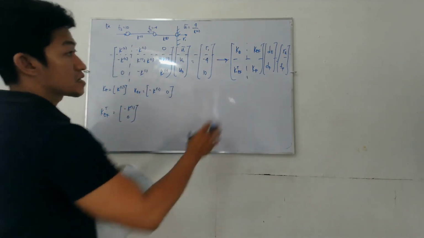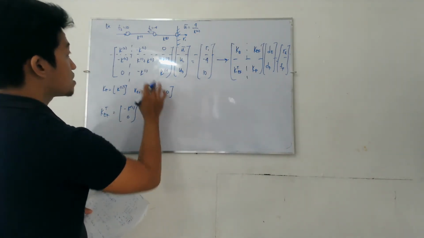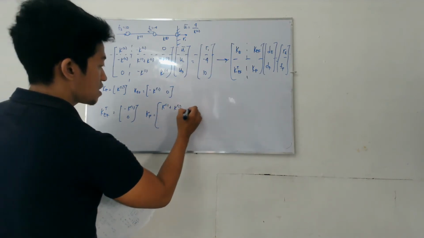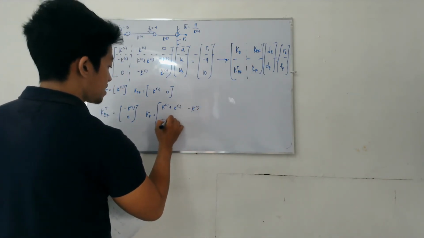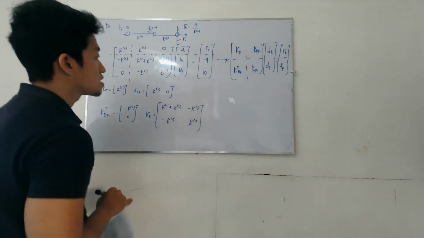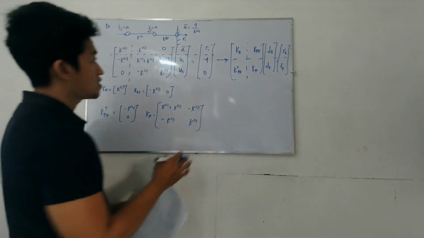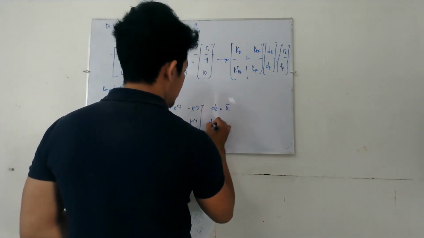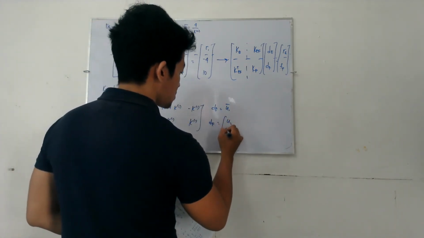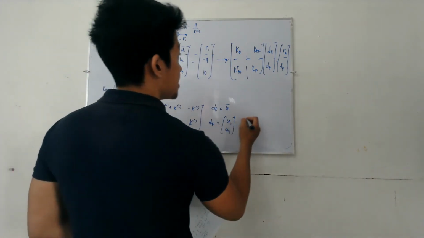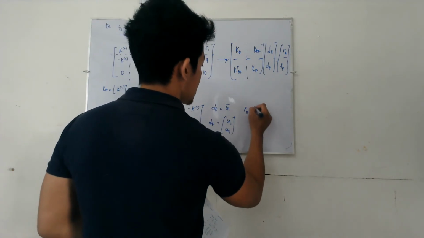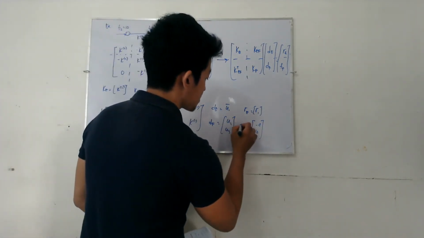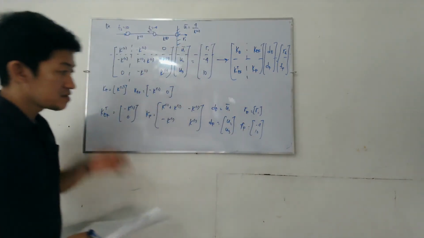Right? K_FF is K of 1, K of 1, K of 1. Then D_E is U1, D_F is U2, U3. R_E is R1, R_F is negative 4, 10, F_F. Okay, so it has now been partitioned.